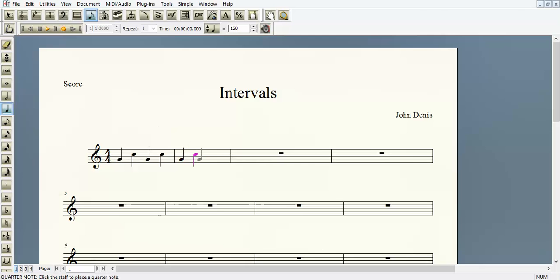Now each one of these intervals has a specific sound to our ears when we hear them. Hopefully that triggers something, whether it's I've Been Working on the Railroad, or the University of Texas song, or there's some kind of thing in your brain that when you hear this space, you start to think, oh, I've heard that before.